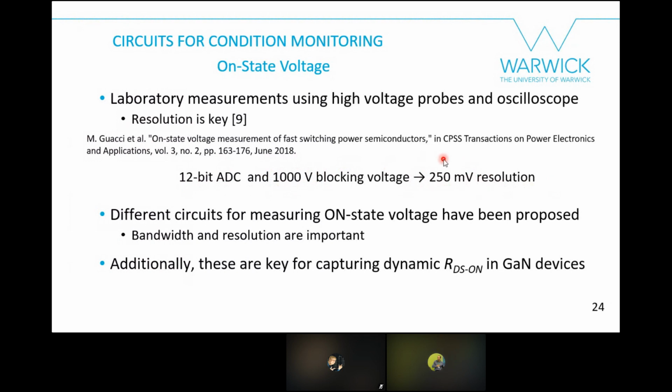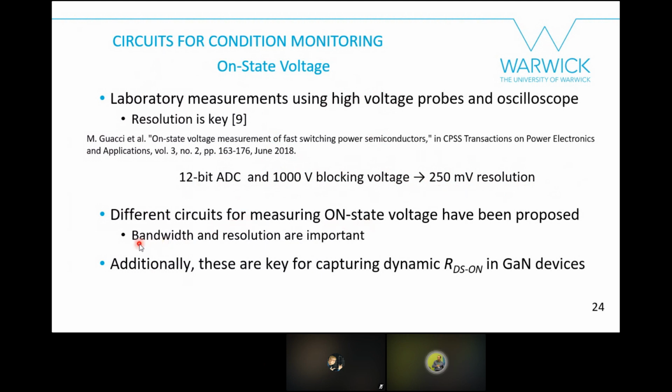If you remember when I mentioned that your on-state voltage is going to change by some millivolts, you are going to lose all the accuracy of your on-state voltage measurement. So using this kind of laboratory setup, with high voltage probes, for monitoring the on-state voltage when you are operating in a converter with high voltage and low voltage, that's not good.